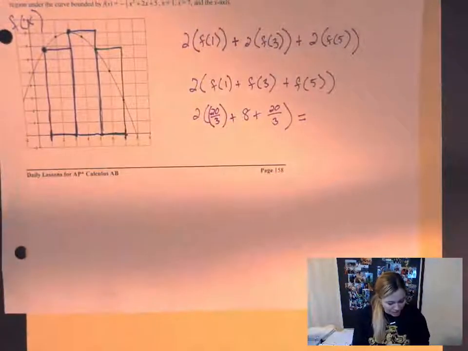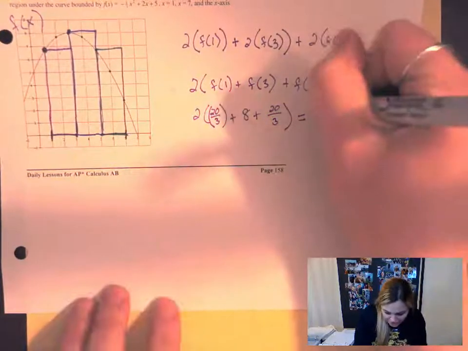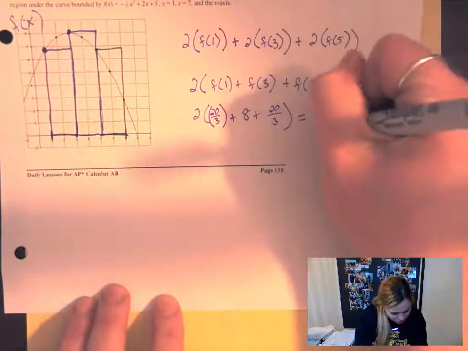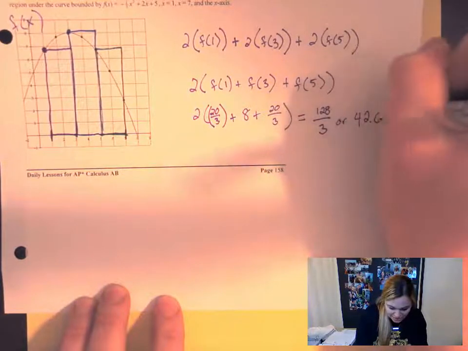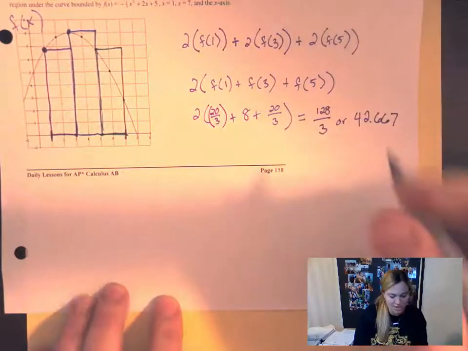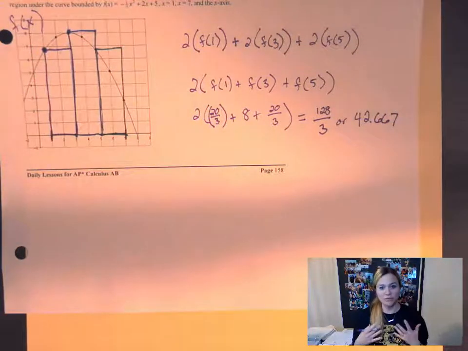If I multiply all these things, I would get 128 over 3, or that's like 42.667 square units. And we're going to come back to more of this, but for right now, understand what these integrals are and how integrals relate to this, because right now it doesn't look like it at all. It looks like we're just doing area, and that's okay. This is the space we're in right now.